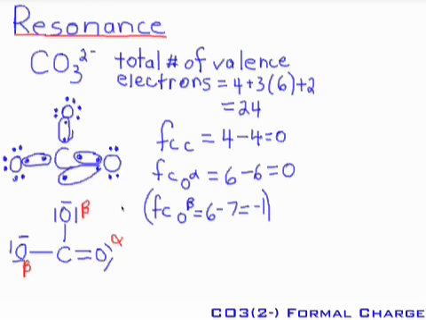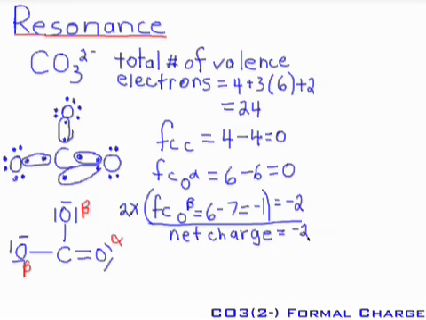So 2 oxygen betas gives us a -2 charge. So if I add this up and check my net charge, that net charge equals -2. And you see that matches the formal charge.